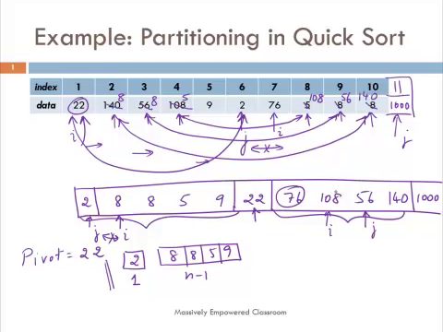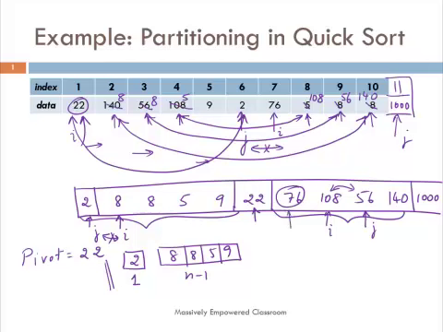So these two get exchanged, and then I moves further to the right, looking for an element greater than or equal to 76. It finds one, but when J moves to the left, it finds it only here. I and J would have crossed, so they get swapped.